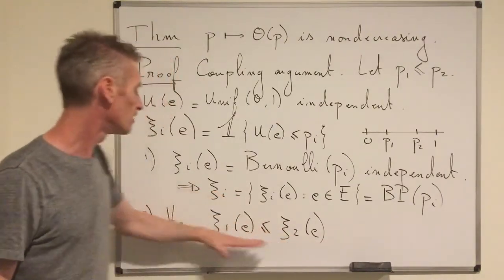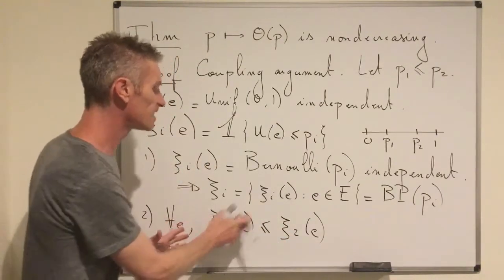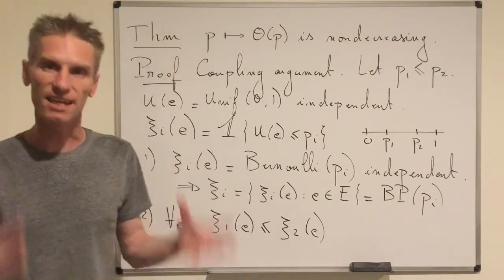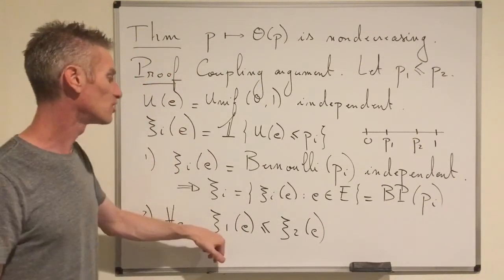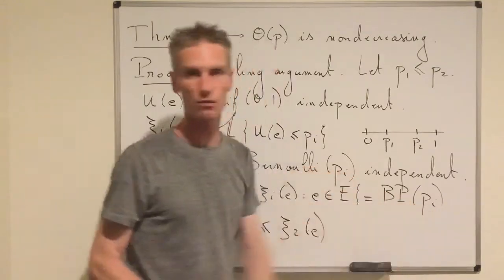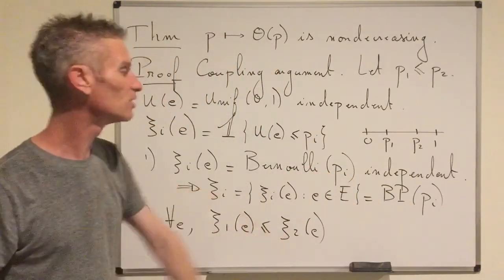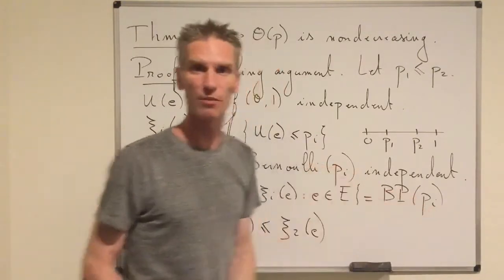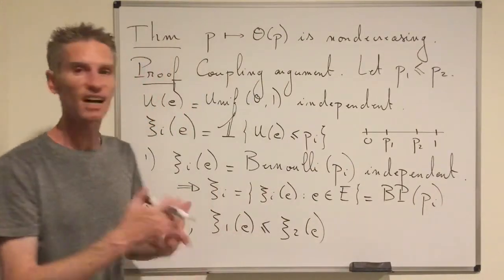And so that's this pair of processes Xi1 and Xi2, that's what we call a coupling. The first marginal is a bond percolation process with parameter P1. The second marginal is a bond percolation process with parameter P2. But the two processes are not independent.